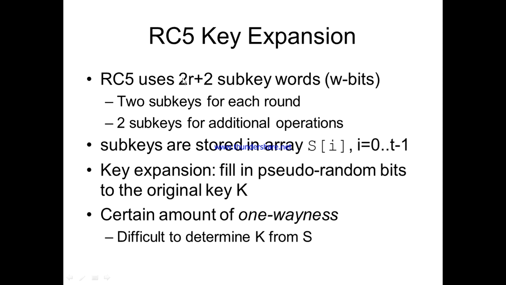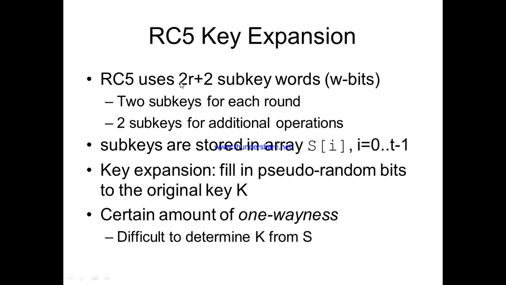And for the additional operation after the last round, I require 2 more subkeys. So in total I require 2R plus 2, and we store them in an array called the S array. The S array goes from 0 to T minus 1. T minus 1 is nothing but 2R plus 2 minus 1, which is 2R plus 1.